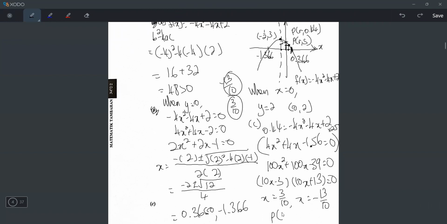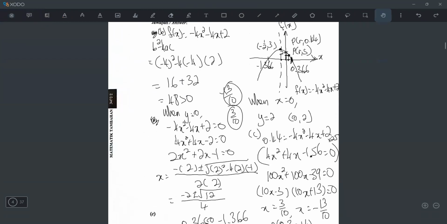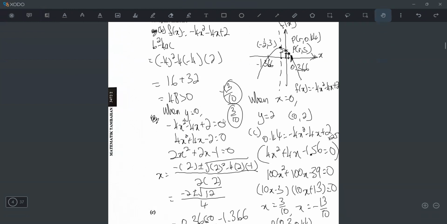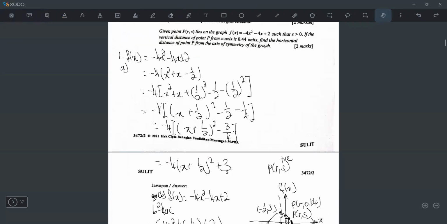So r can be 0.3, 0.44, but there are two answers, so it can also be on this side: negative 1.3, 0.44. Okay, 13 over 10 is 1.3. But what they want to find now is actually the horizontal distance of P from the axis of symmetry.